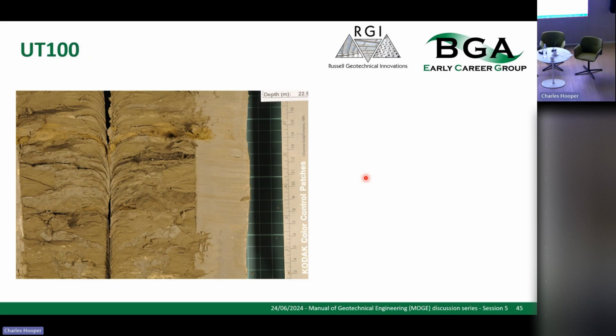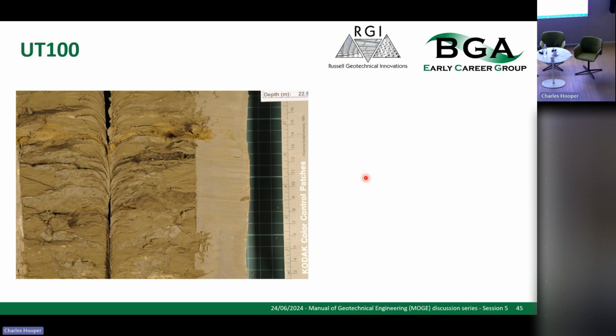So on the right here, you can see where we've pushed a blade into the sample and then peeled it open. So you get two types of pattern in the material. One tends to give away that it's a clay on the right hand side, and then you can see the actual features of the material itself.